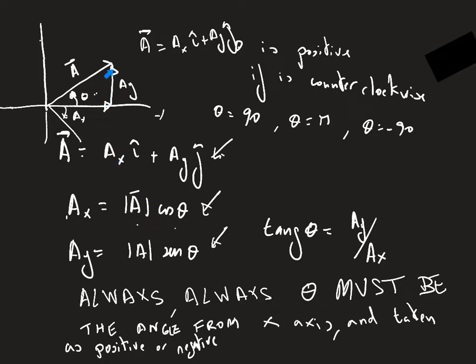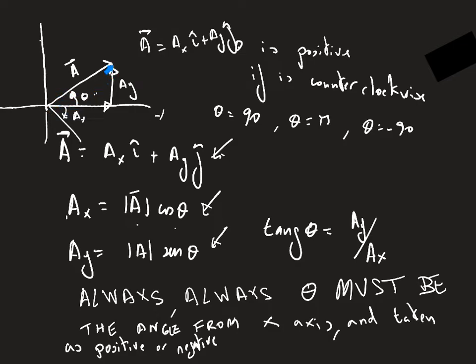While AY, this length, if you take the sine of this angle, the sine of this angle is AY divided by the magnitude of A. So AY is the magnitude of A times sine of theta. Very clear. The tangent of theta is AY divided by AX.